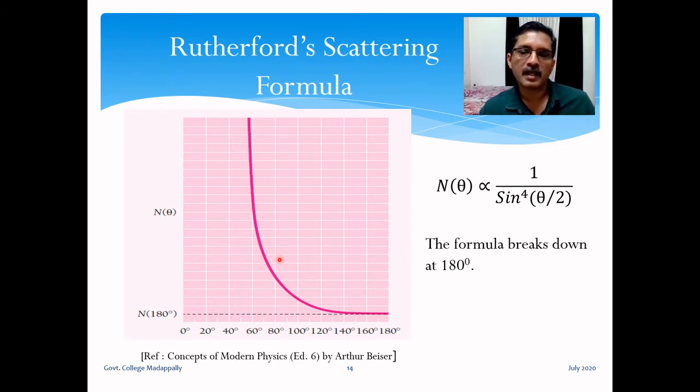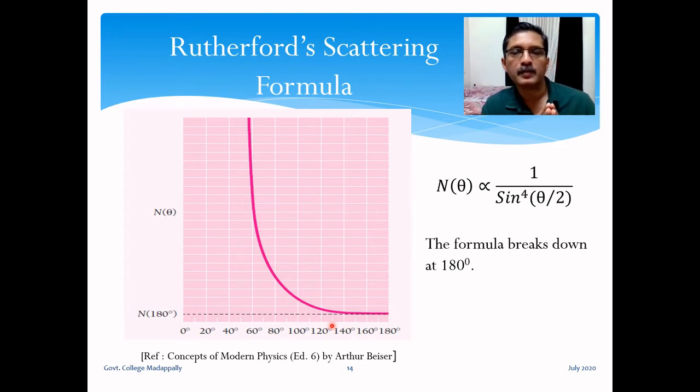So Rutherford scattering, not only this theta dependence, but the other parameters like how it depends upon the foil thickness, the velocity of the incident alpha particles or their kinetic energy, and the atomic number of the target atom.